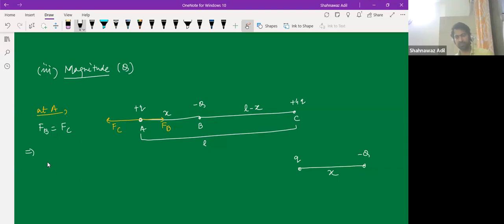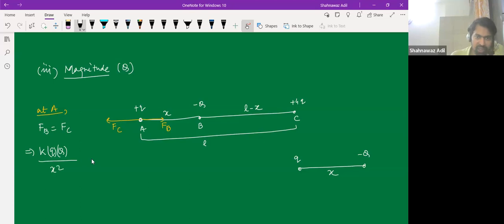Coulomb's law, K Q1 Q2. What are the charges? Plus Q and minus Q. So K Q Q divided by x square.